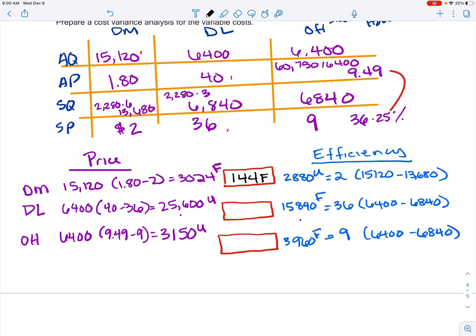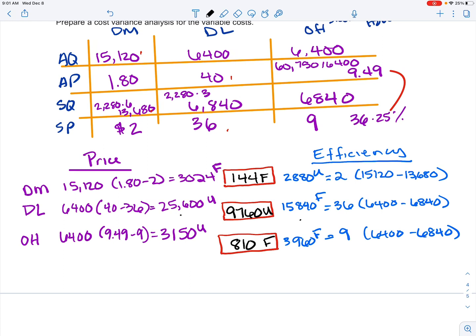Same thing here, compare my two direct labor variances, and my total labor variance should be 9760 unfavorable, since that one's higher. Same thing here, and this is 810 favorable. So it takes a lot of time to do these problems, but again, if we build that chart out, it's going to save you time and hopefully prevent a simple mistake.